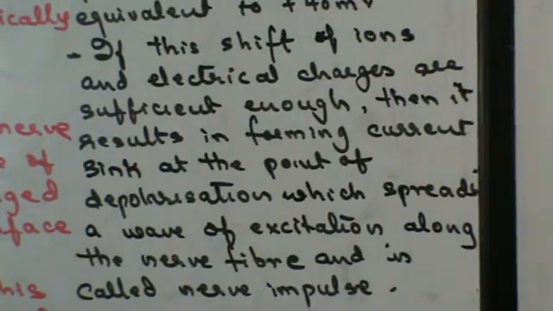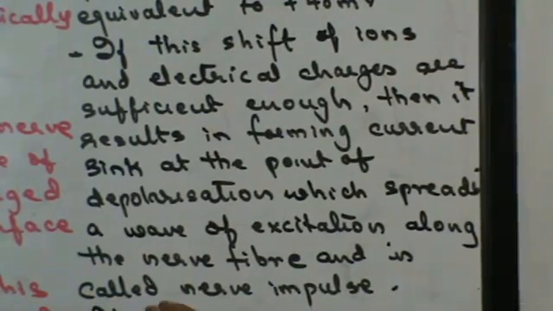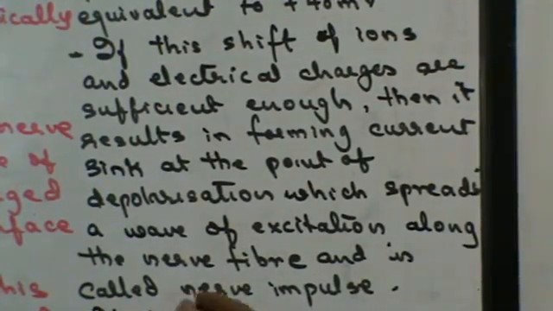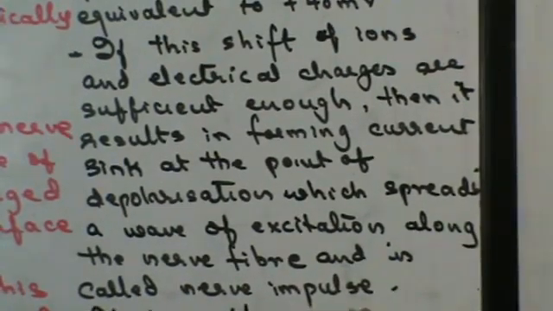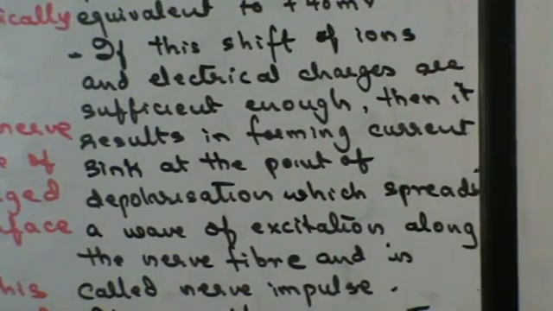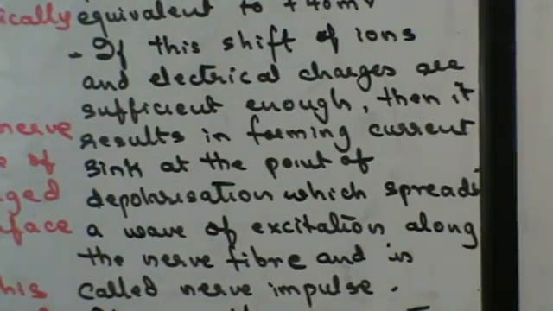It is a self-propagating wave which travels rapidly from the point of stimulation to the end of the axon. It is self-propagating because of the opposite charges.